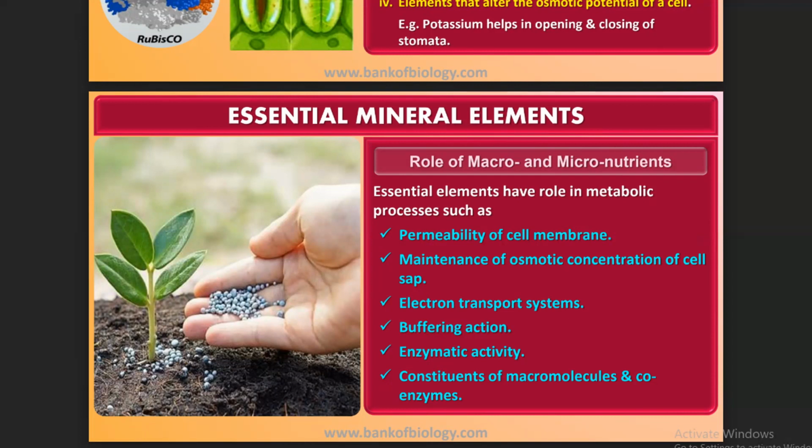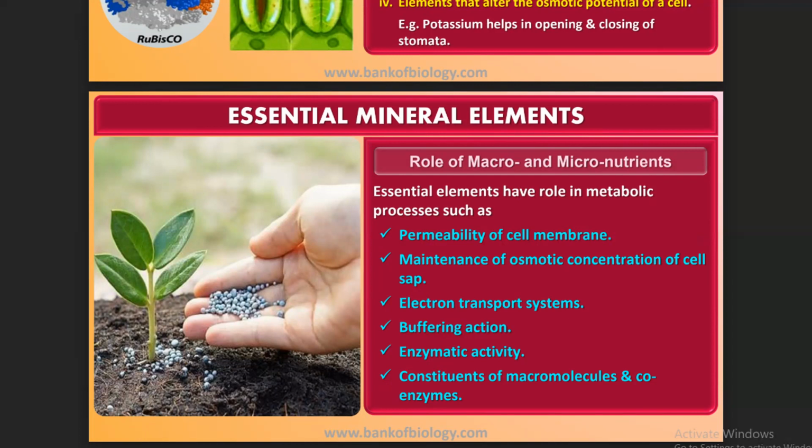Where have you heard this word, perm? Permission. Okay. Yeah, like it will give permission for certain elements to enter and exit. That's why the word permeability.